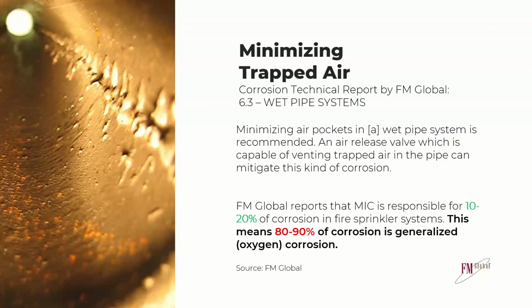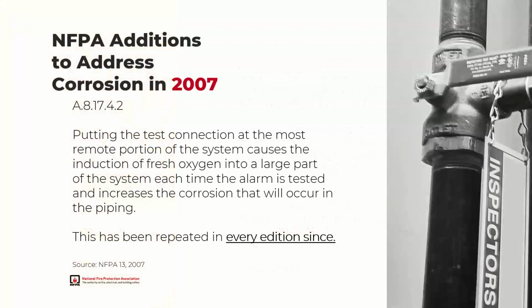Over the last several years, they've stopped the focus on just MIC and are talking more in a generalized format of corrosion. In this FM study, they said that it's really 10 to 20% of corroded systems that are affected by MIC. But that means that 80 to 90% of those corroded systems are affected by more generalized corrosion. And if we can get the air out of these systems, that will have a big impact.